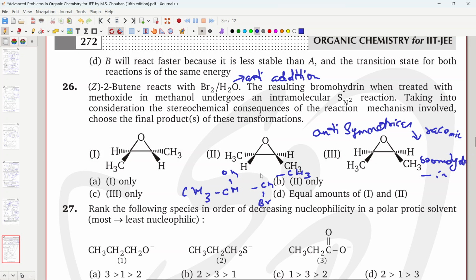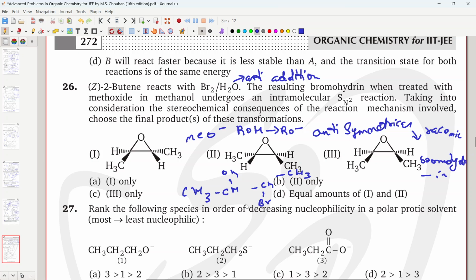Step 2 is deprotonation. It deprotonates the alcohol, so ROH becomes RO minus. Then the alkoxide attacks intramolecularly by SN2 at the carbon bearing Br.